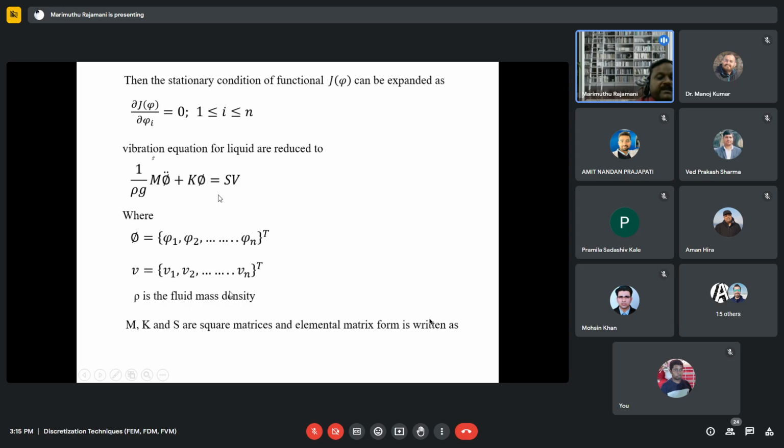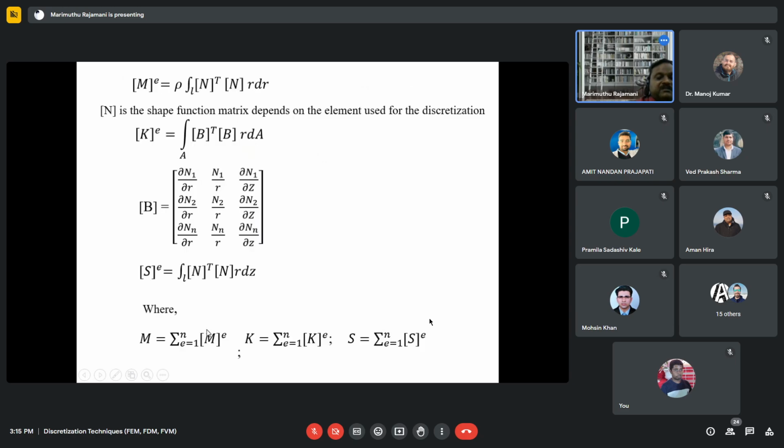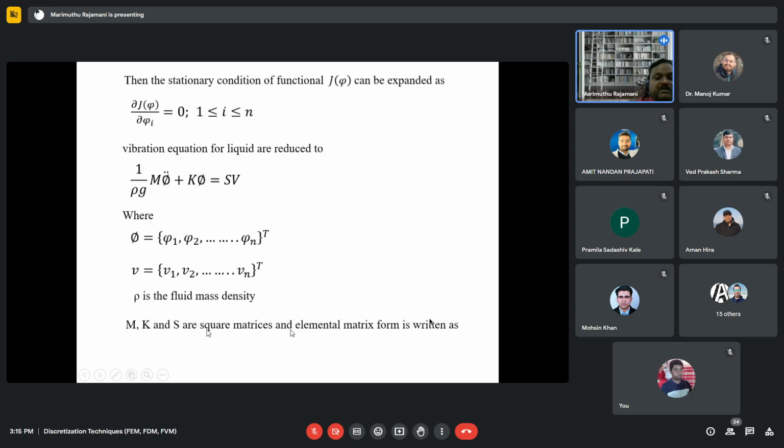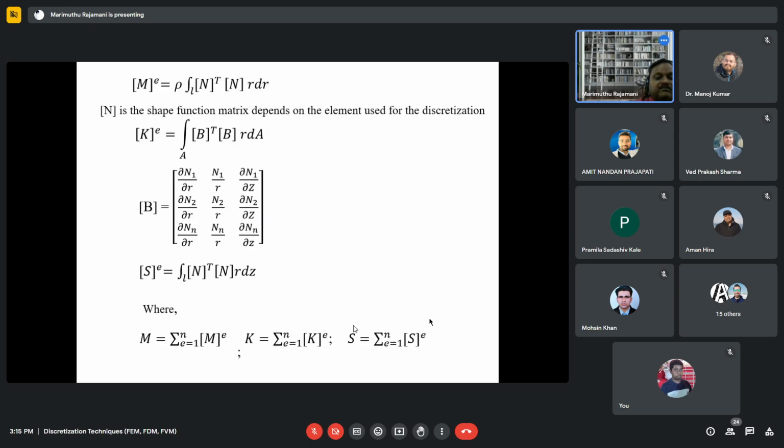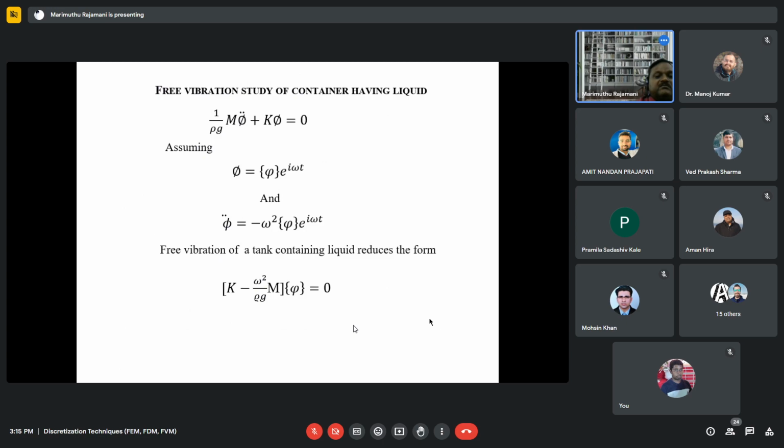In the present case, V is assumed to be 0. We are interested in the dynamic characteristics of the liquid only.